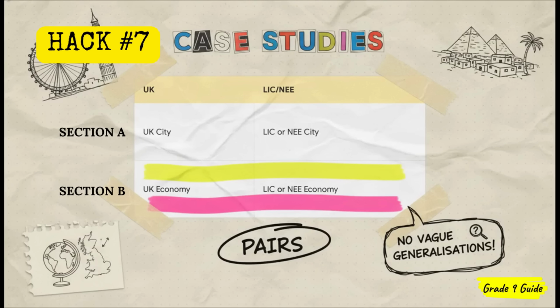Let's talk case studies. Paper 2 is entirely built on pairs. You must have a UK city and an LIC or NEE city for Section A, and you must have a UK economy and an LIC or NEE economy for Section B. I want you to check that you have your pairs locked in right now, like tonight, and please, no vague generalizations.